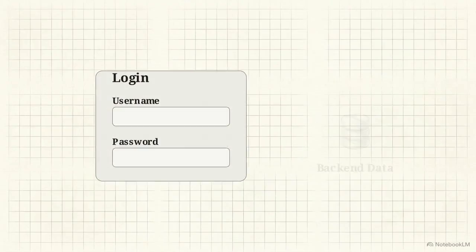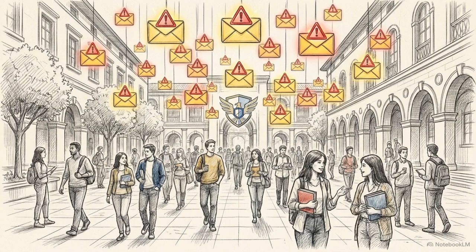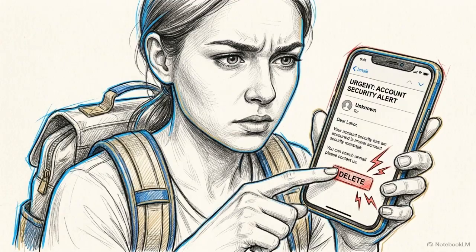The lesson extracted here is technical. Strict input validation on all user-facing text fields is absolutely essential to shield back-end data from malicious code. Finally, our third case highlights widespread phishing campaigns that specifically targeted university students and staff, compromising thousands of internal accounts. This proves that no matter how secure the network is, human awareness remains the deciding factor.